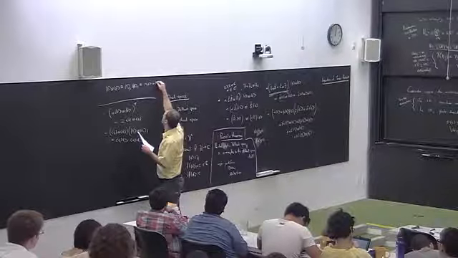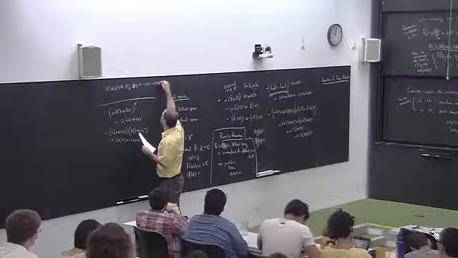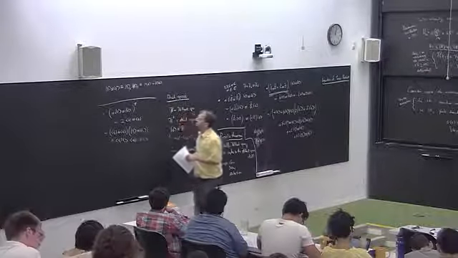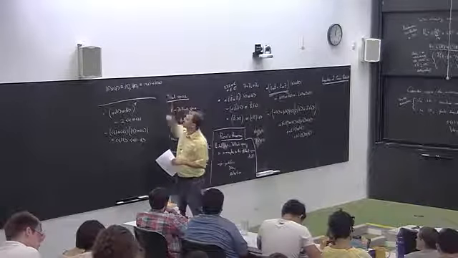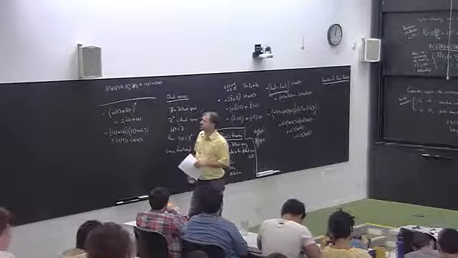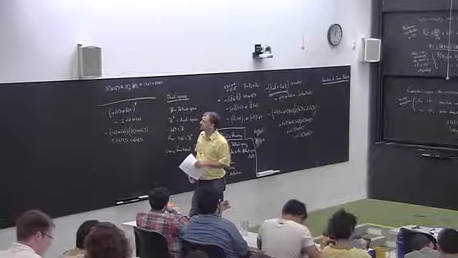And another way to write this is just psi phi. So these are all equivalent ways of taking into account the tensor product.